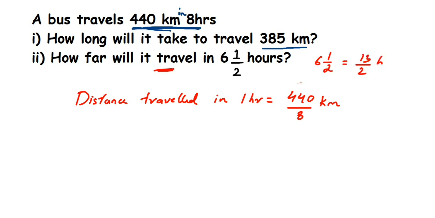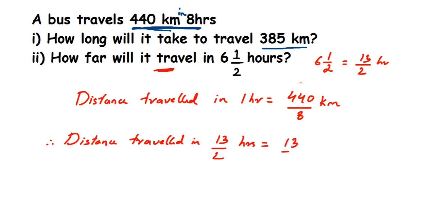So instead of writing 6.5, I'm going to write 13 by 2. So therefore the distance traveled in 13 by 2 hours will be equal to 13 by 2 multiplied by 440 upon 8 kilometers.